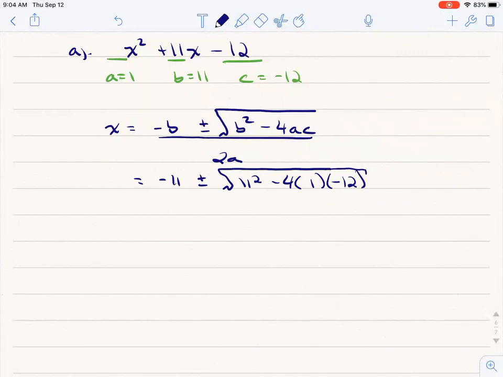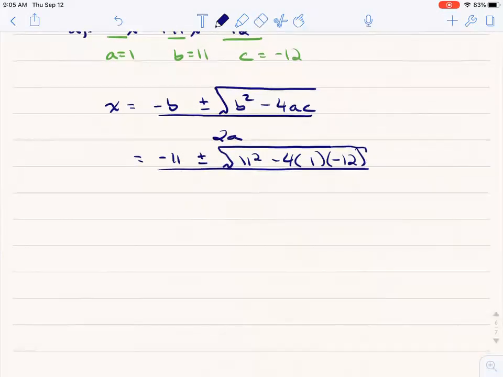You can't take the square root of a negative number, right? That's illegal math. You can try to take the square root of negative 2, for example, but you get a syntax error. So it won't let you. And so that's where you have to be really careful with your negatives, because that negative on the 12 is actually what's going to save you here, potentially. Over 2 times a, which is 1.